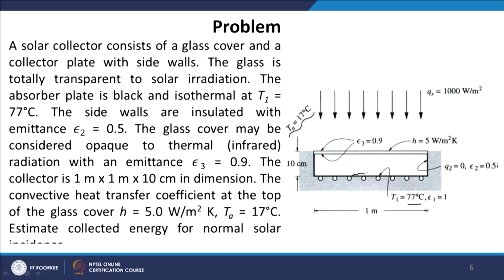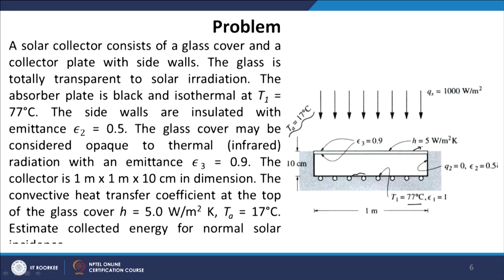As we have already discussed in previous lectures, we want solar collectors to absorb maximum radiation, but we also want that they should not emit a significant amount of radiation. So the solar collector has been covered with a glass plate, which is totally transparent to solar irradiation.